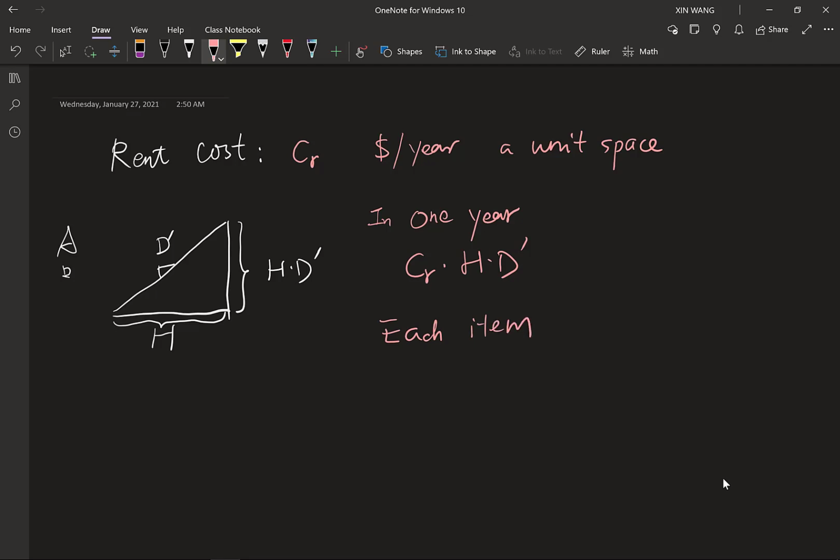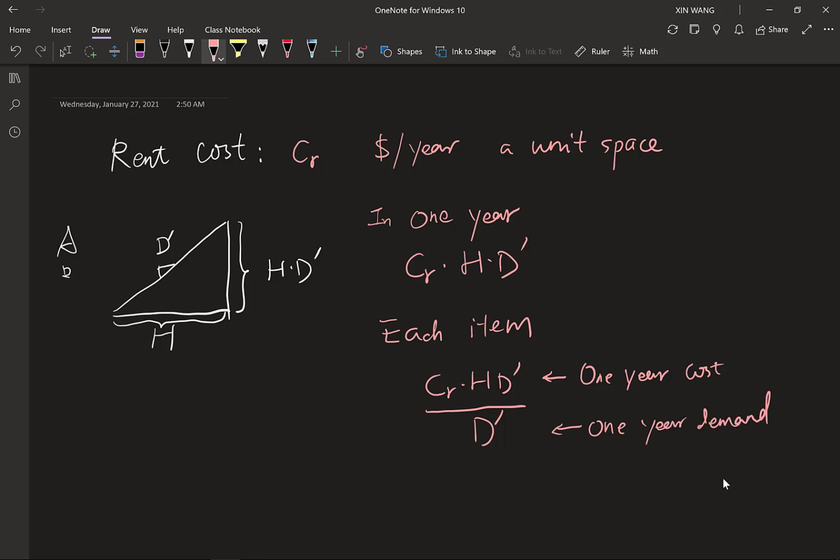So the prorated rent cost should be the total cost divided by the total consumption, or total production, here at location A. So this is the total cost in 1 year, and this is the total demand in 1 year.